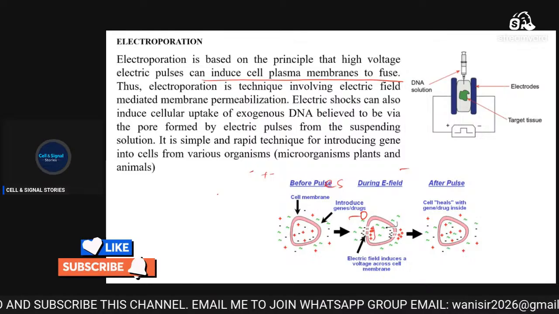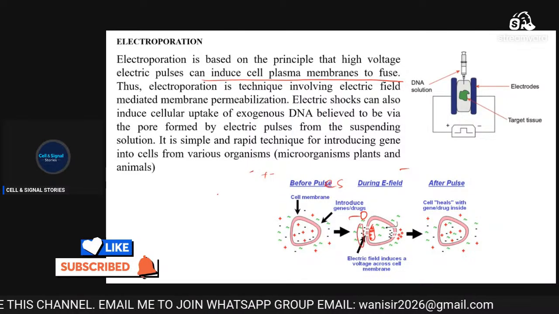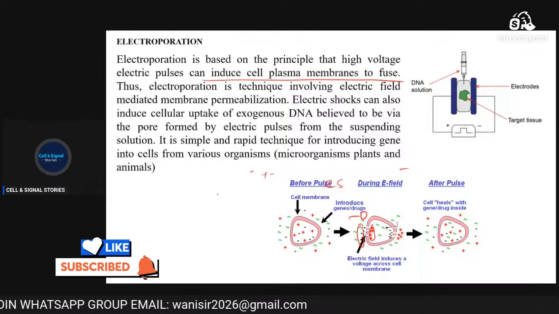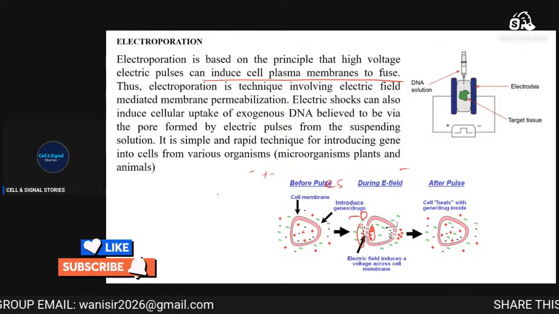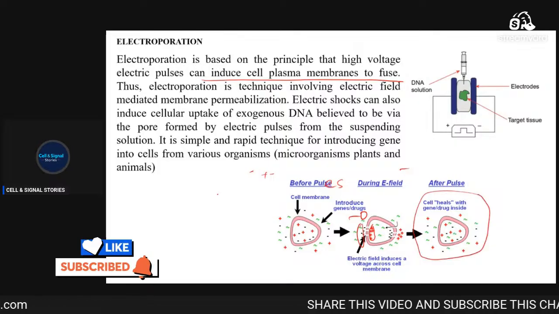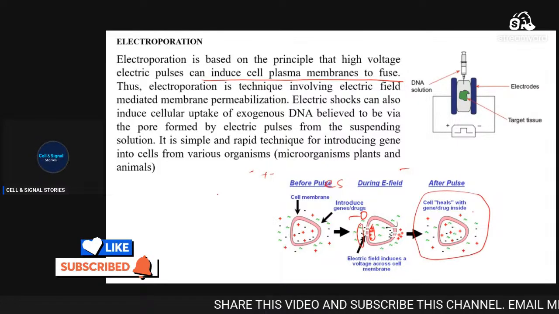That means the positive charge comes inside and the negative charge goes outside, and this creates pore formation. Through these pores the DNA enters the cell, and this is the way the cell ends up with the gene or drug inside after the pulse.